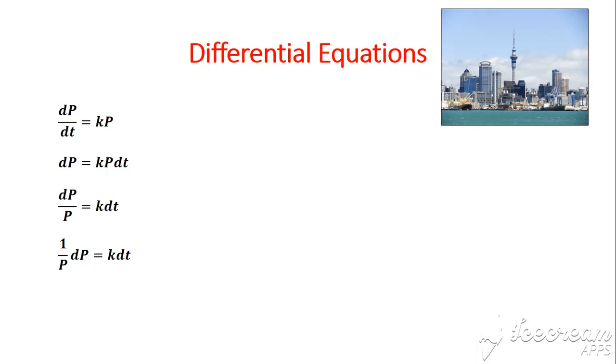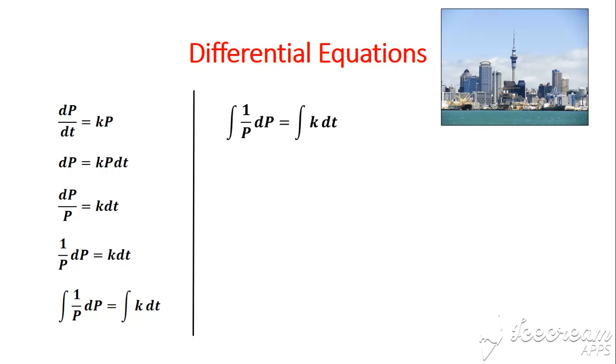We're just going to write the left-hand side as 1 over p times dp. Right, now we'll do our integration. So we're going to integrate the left-hand side, integrate 1 over p with respect to the p variable, and we're going to integrate the right-hand side, which is k, with respect to the t variable.